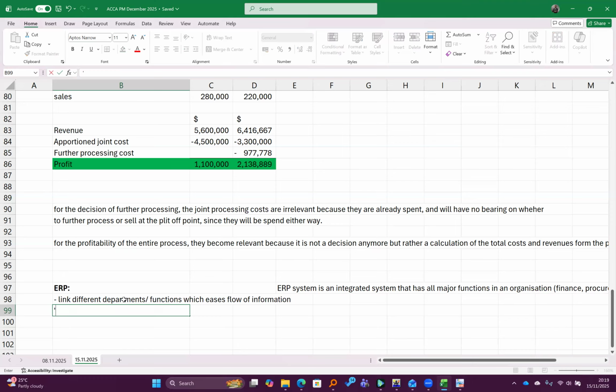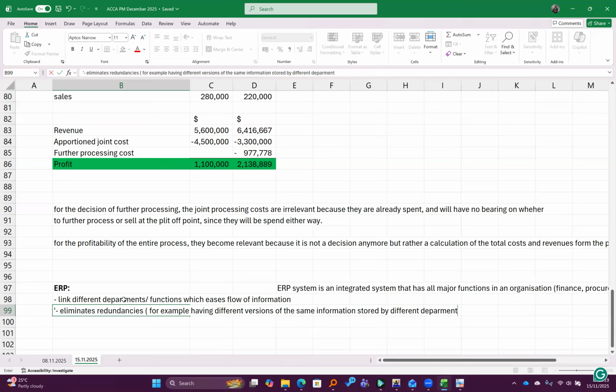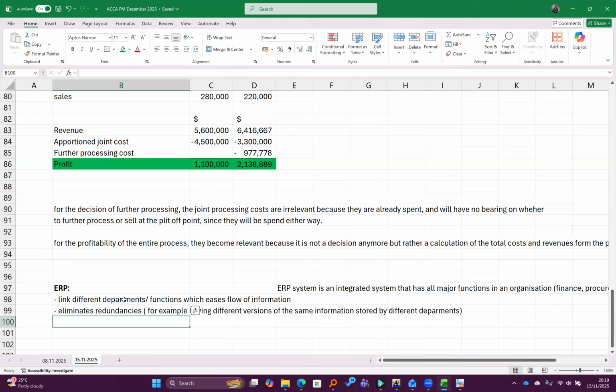So also it eliminates redundancies. For example, having different versions of the same information stored by different departments. Imagine finance has your file because they want to pay you.